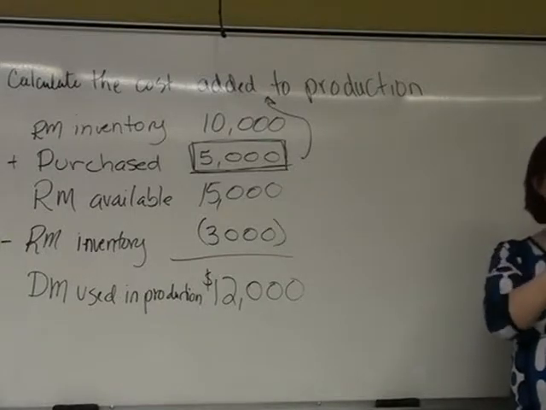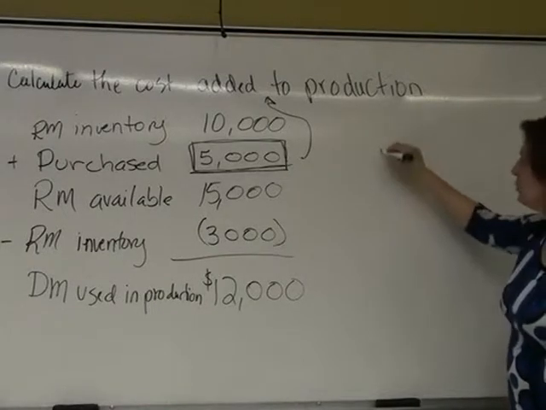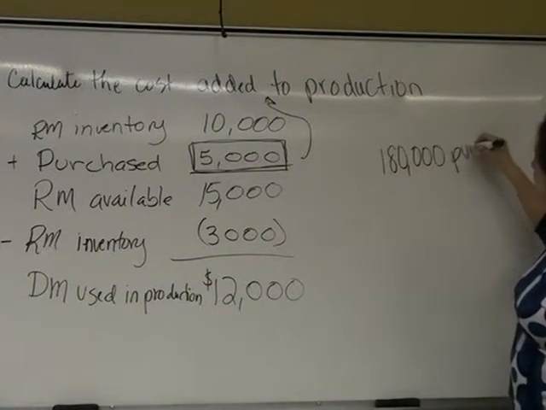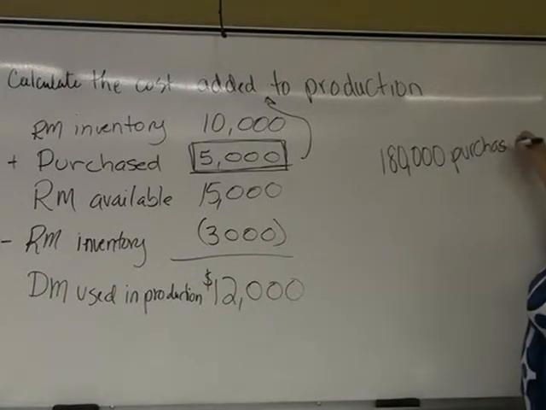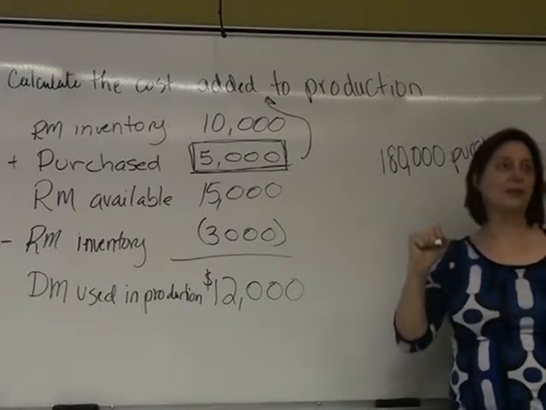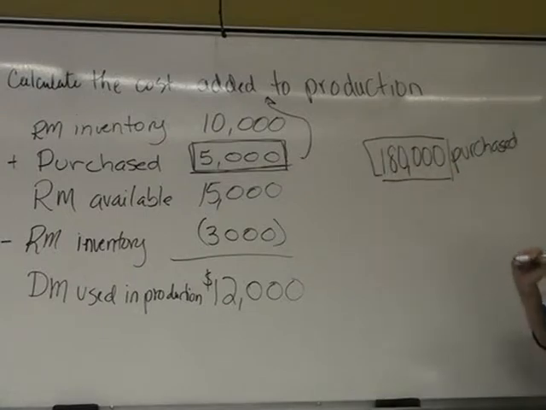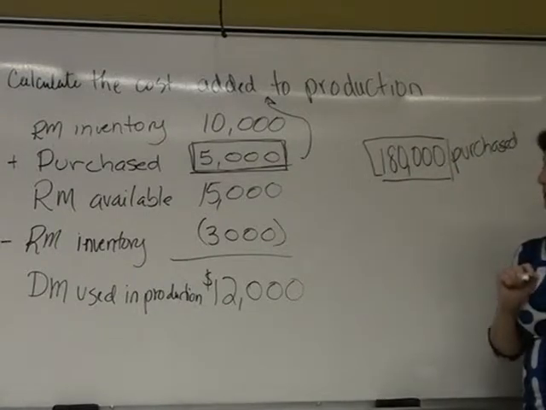I know a lot of you just added the purchased amount. In the question I gave you on the exam, it was 180,000 that was purchased. Do you remember that question? It was a long time ago.